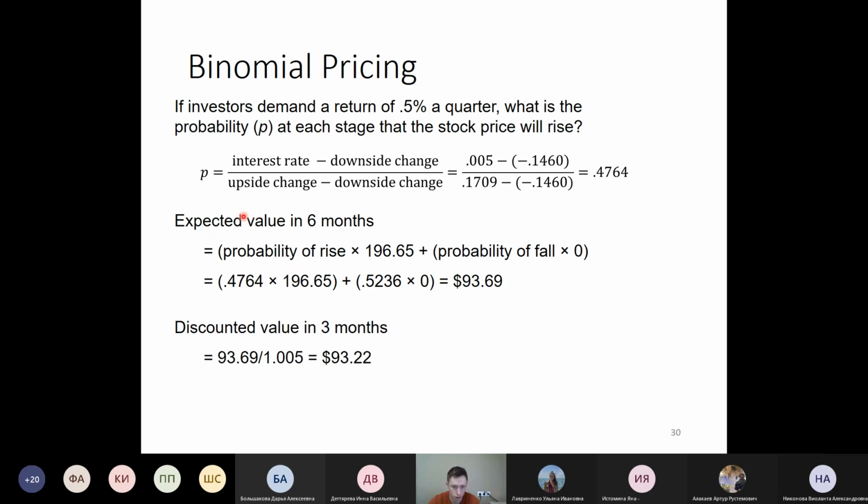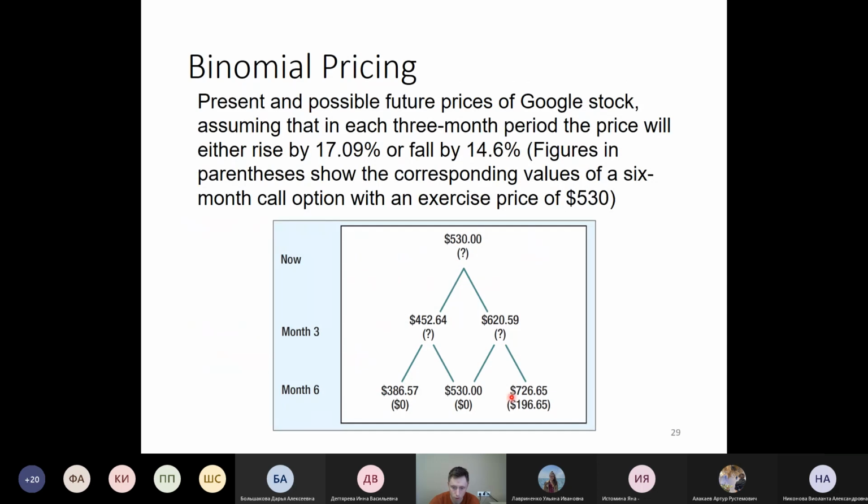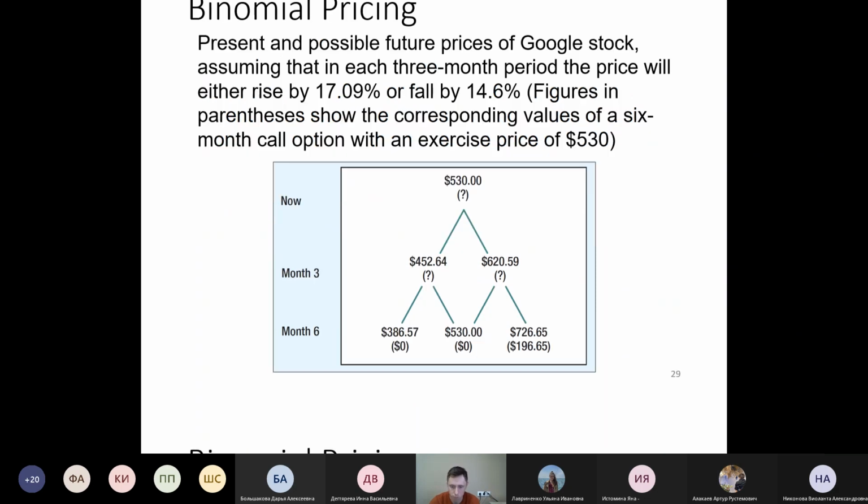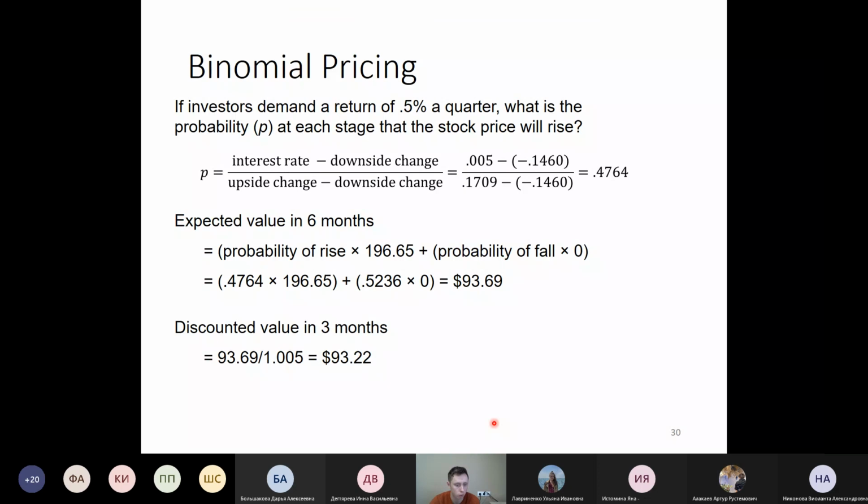Expected value in 6 months, probability, the value of the option at this point, because this is something we can estimate directly by subtracting the exercise price from this value. This is how we get 196, this one.